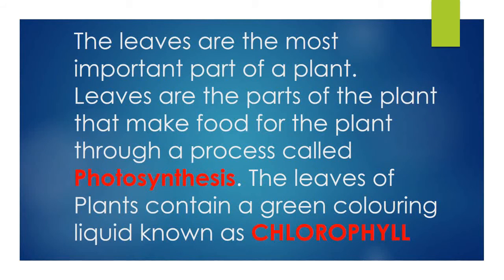The leaves are the most important part of a plant. Leaves are the parts of the plant that make food for the plant through a process called photosynthesis. The leaves of plants contain a green coloring liquid known as chlorophyll. Please observe the word chlorophyll.